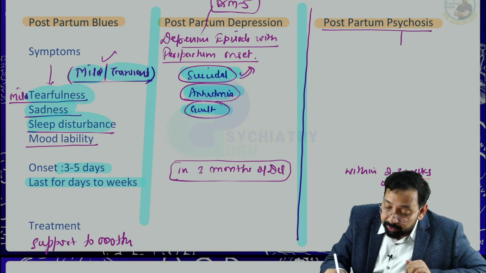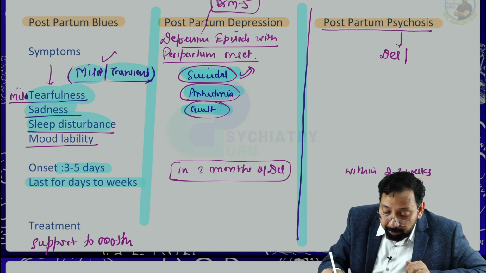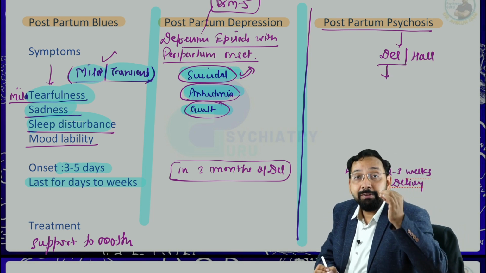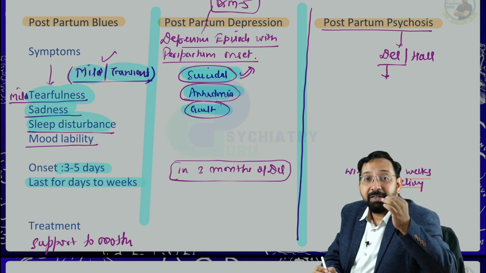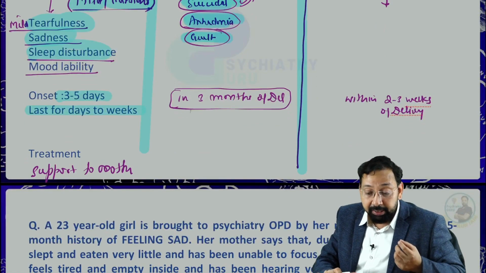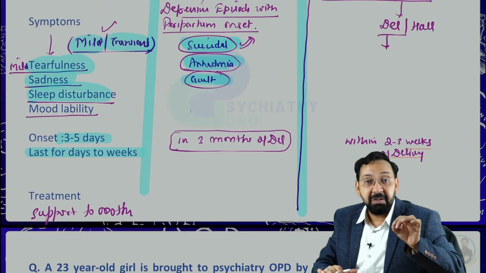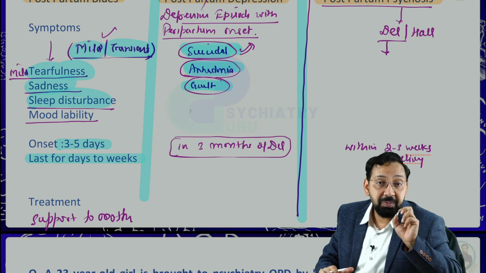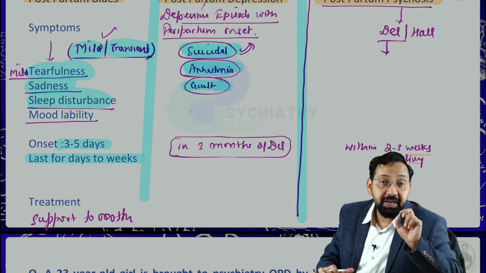In postpartum psychosis, psychotic symptoms would be there; delusion may be there, hallucination may be there. Sometimes the content of delusion is that I have given birth to a dead baby. This baby is not mine, I gave birth to a dead baby. Yes, this baby is a demon. If these types of thoughts, a false firm belief, are there, the patient may harm the baby.